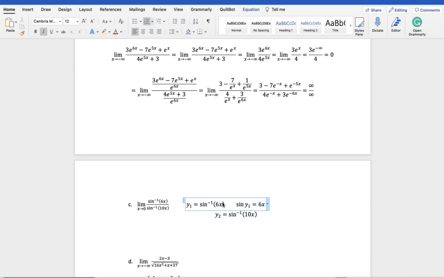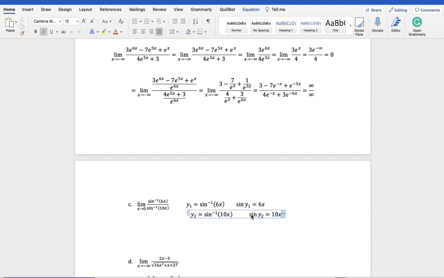So then the same would apply for y2. You would have sine of y2 equal to 10x, right?